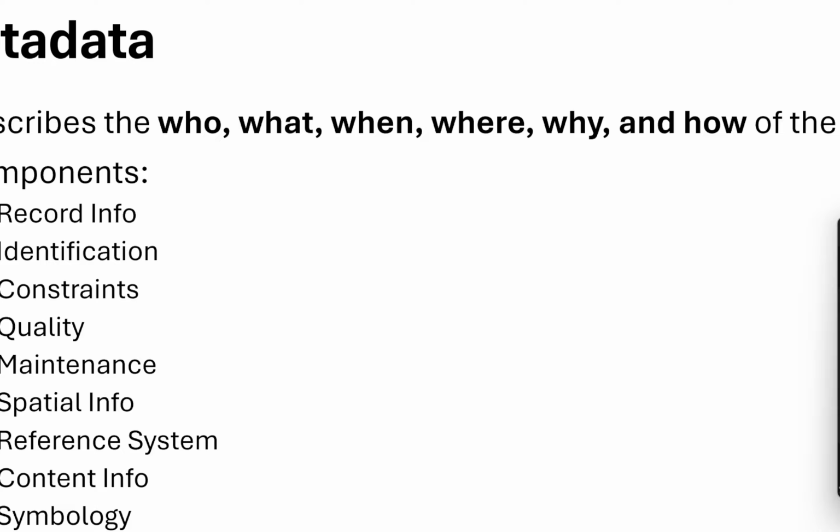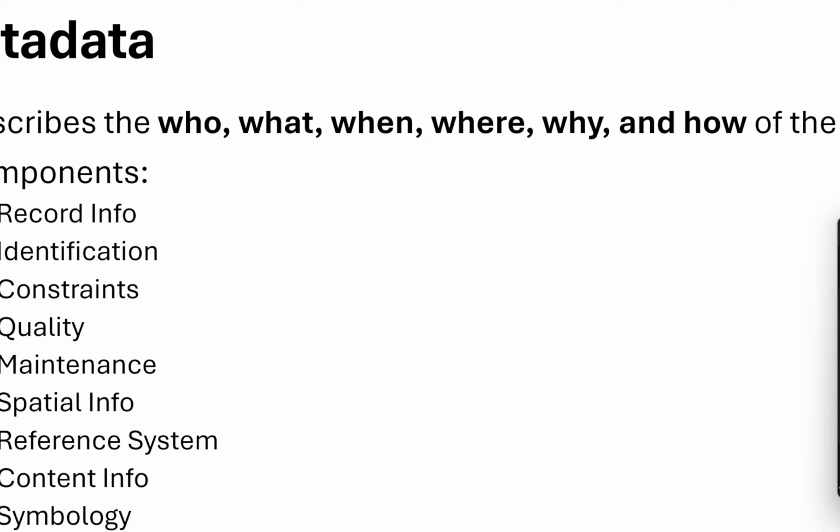Another example is that suppose there was a flood in a particular year, maybe 2024 or 2025, and you just go and download satellite data. Even if you do all the analysis on the data, if you don't look at the metadata to see when that particular image was taken, then you may be looking at the wrong data set.